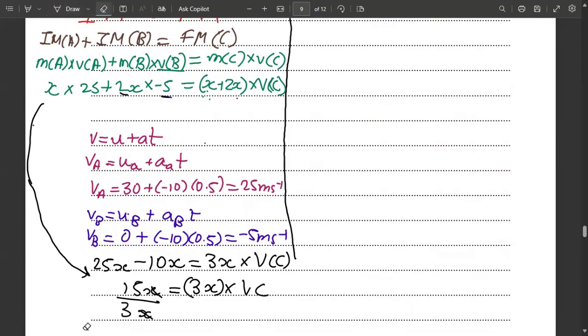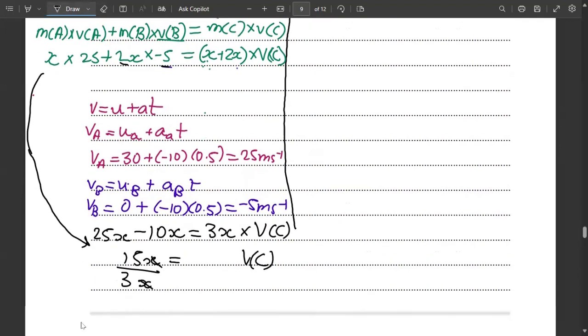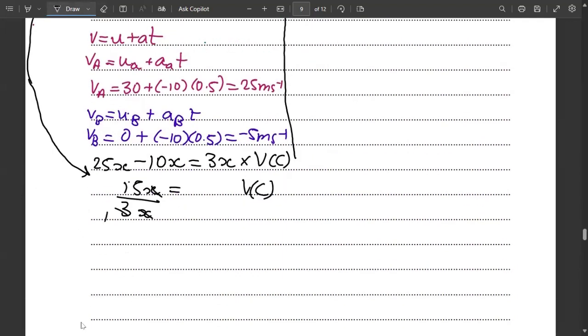And surprisingly, from two variables, we'll get the answer for only one variable, which is velocity of C. And velocity of C will become 15 by 3, which is 5 meter per second.